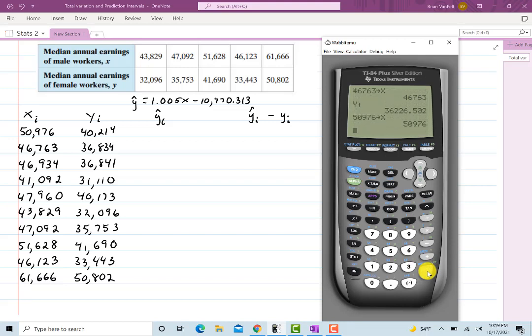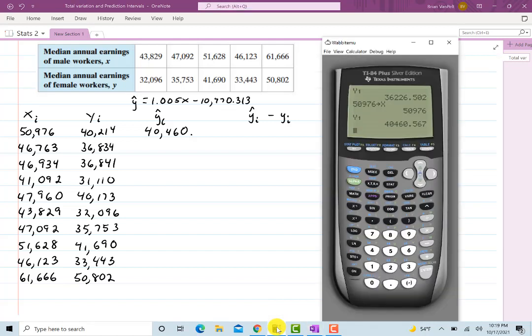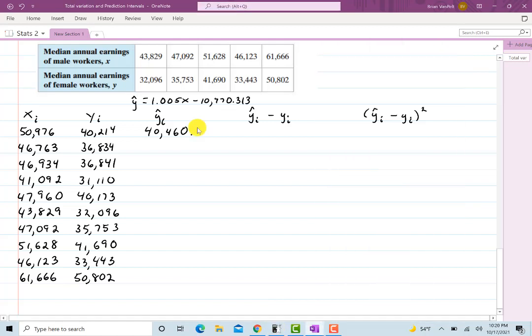Hit enter. Now that's stored. Now go to vars, choose yvars, leave it on function, choose enter because y1 is where we have the formula, and we get 40,460.567.